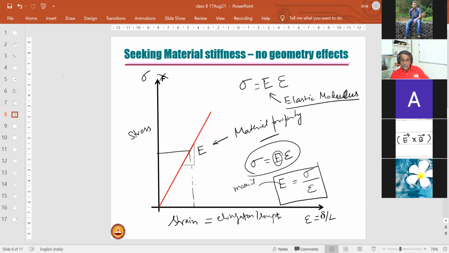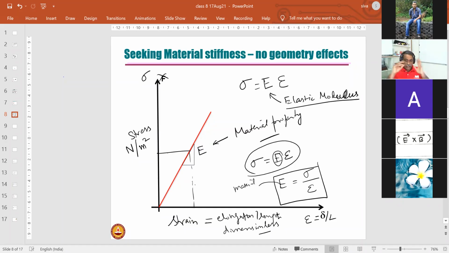If I use the Newton as the force unit, and I have to divide by area, so I'm going to use meter square. All right. Now, as far as strain is concerned, this elongation is in meters, length is in meters. I'll get a dimensionless quantity.